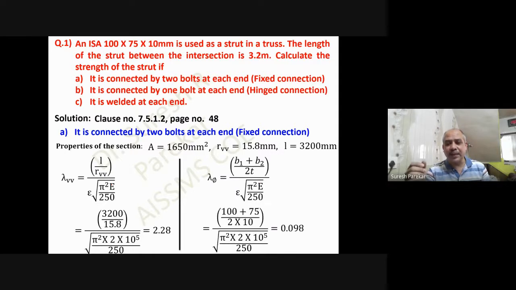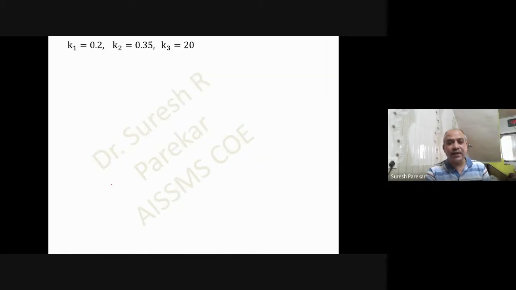Then I can find lambda phi. These formulas are in IS 800 2007, and they give me lambda VV and lambda phi. Now K1, K2, K3 we have taken from table 12 against your fixed connection, and bolts are 2. Then we have K1 plus K2 lambda VV square plus K3 lambda phi square, which I already mentioned.